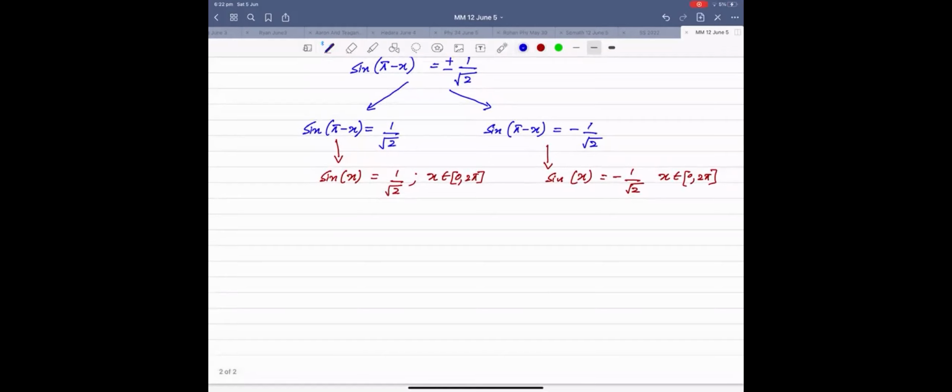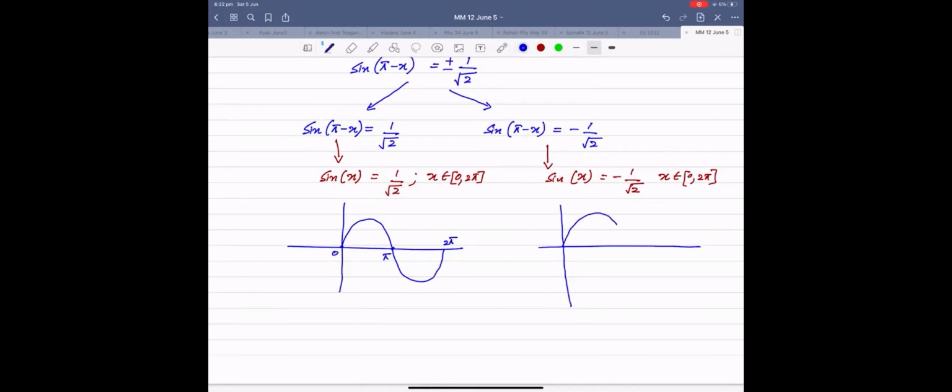So for this one, plus 1 divided by square root 2, so that would be like this.